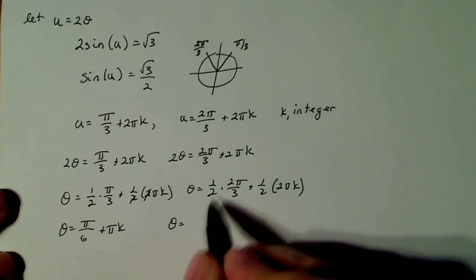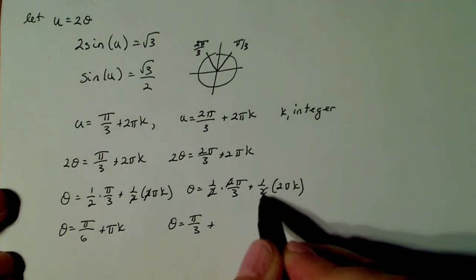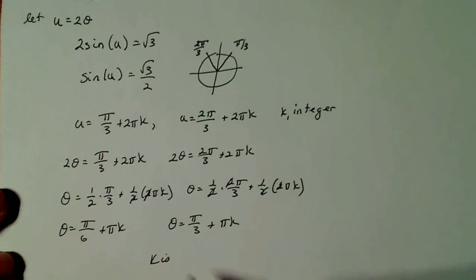And here theta is equal to pi over 3 plus pi k, where k is an integer. And there I have solved for every value of theta that solves my original equation.